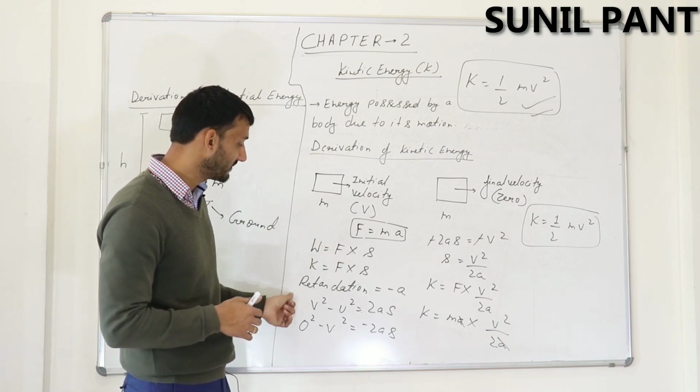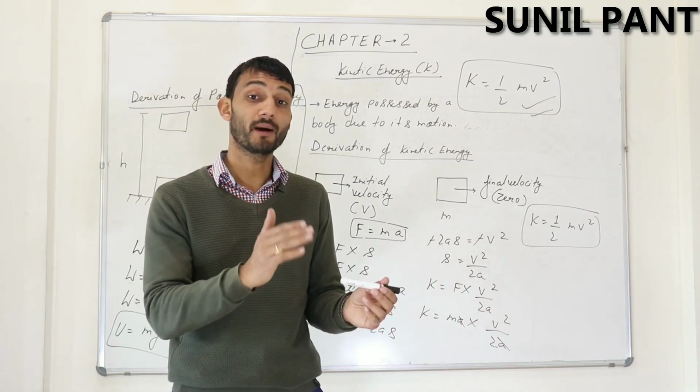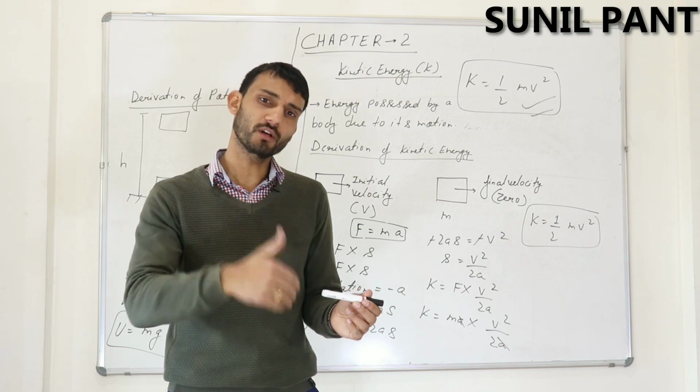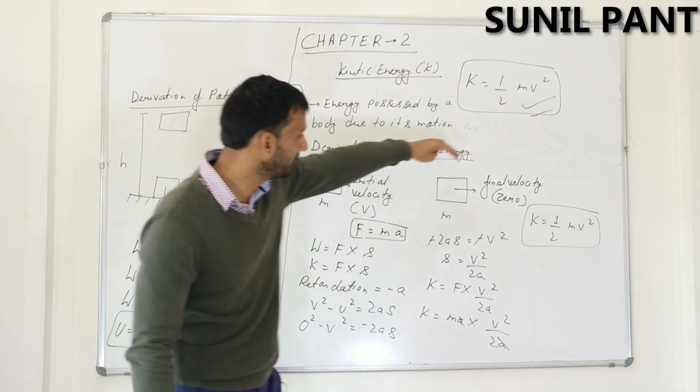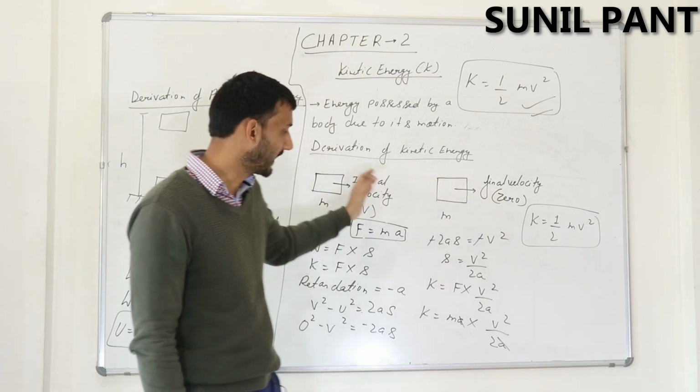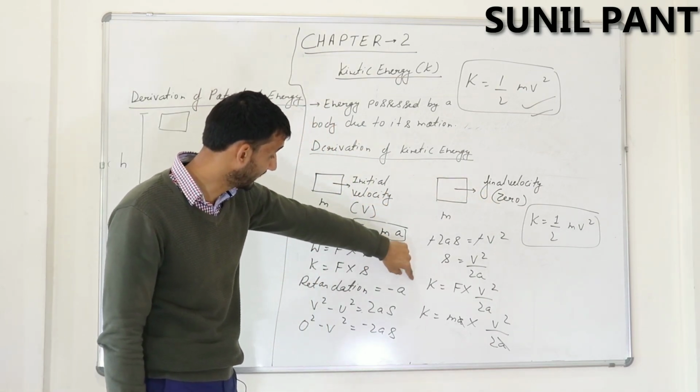Now retardation has taken place. Why? Because you applied a force to stop the object. The initial velocity was v, and the final velocity is 0, so retardation is taking place. Retardation is negative acceleration, minus a.